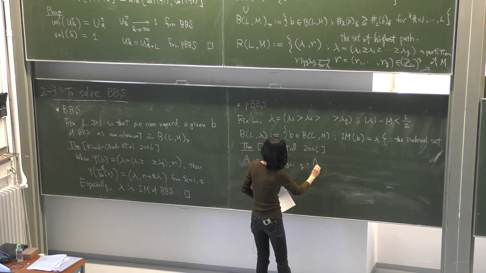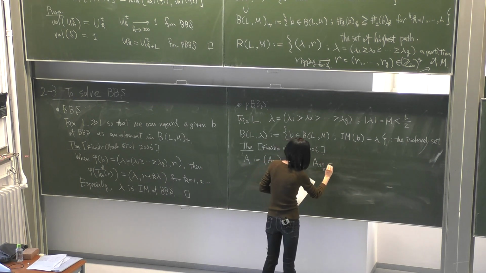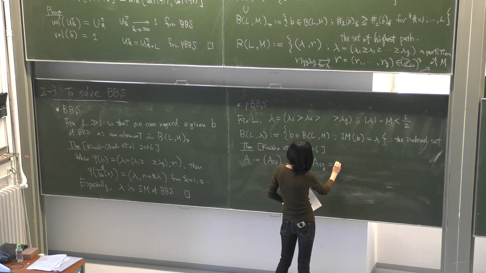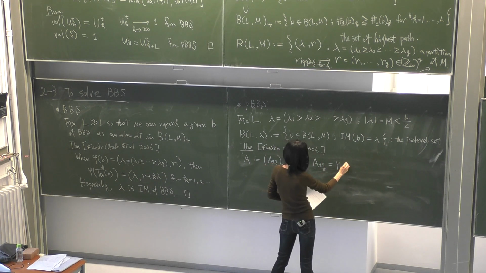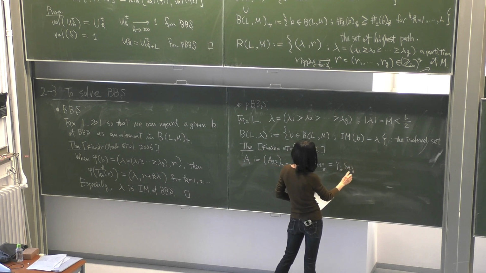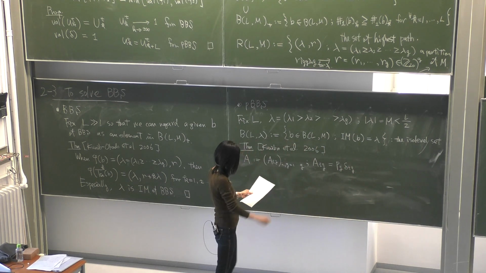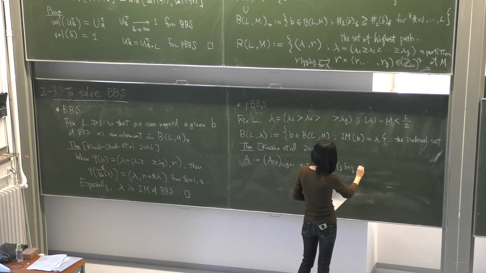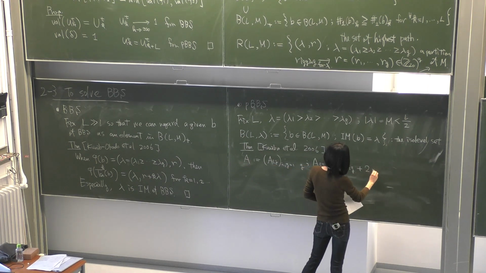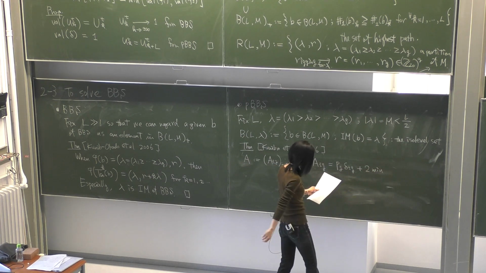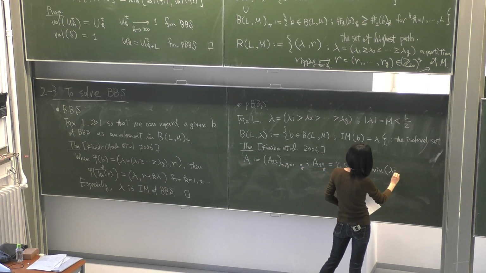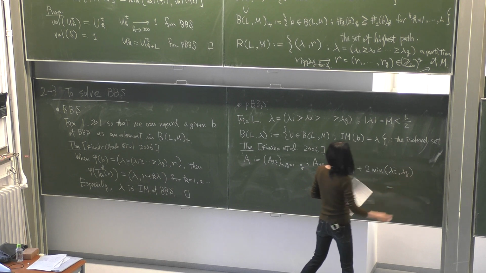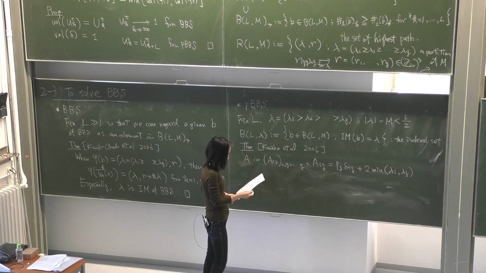Aij, on the diagonal, when i and j are equal, we write Pj, and we add 2 times the minimum of lambda i and lambda j for any ij entry.